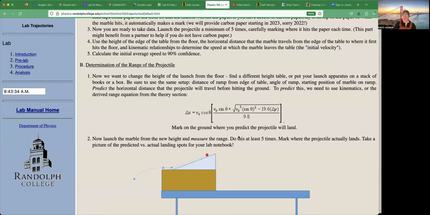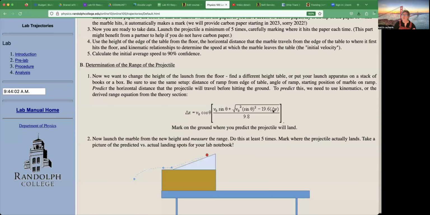Now this looks like a big nasty equation. It's really not though. Remember that this theta is the launch angle, and notice we have a 0 launch angle. We're not launching it up or launching it down. We're launching it horizontally, a 0 launch angle. So if that's the case, cosine theta is 1, sine theta is 0. So imagine just crossing out everything with a sine theta in it, and this becomes a much simpler equation.